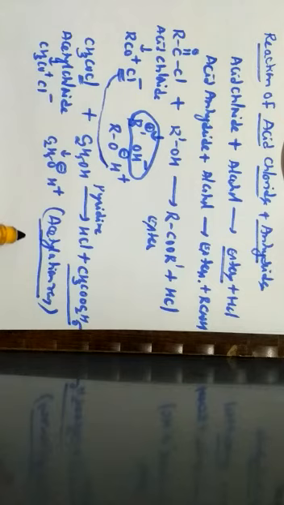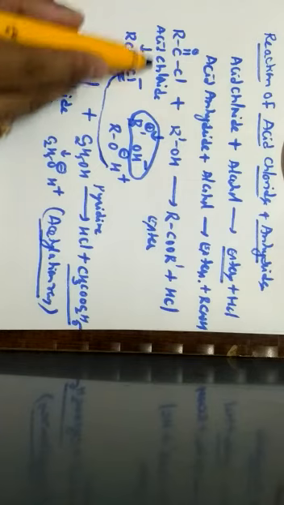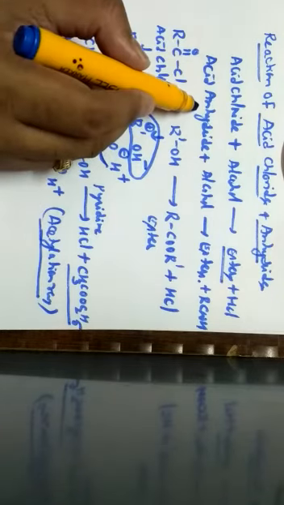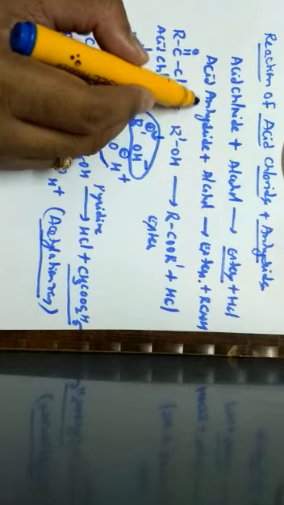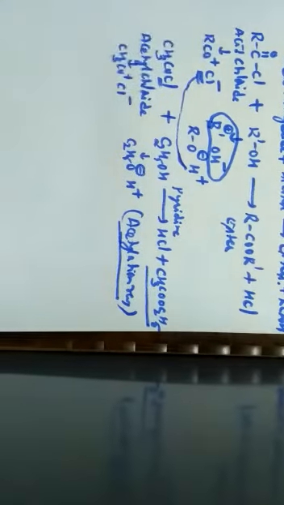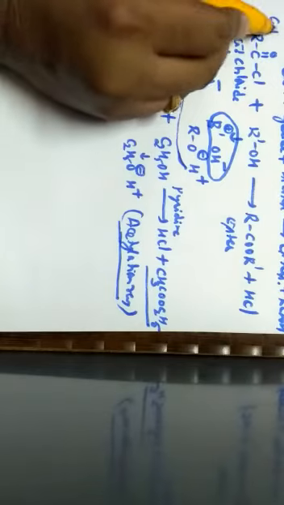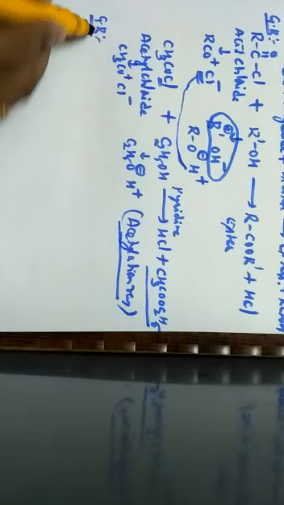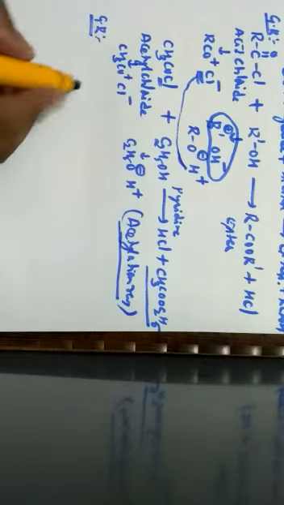In the same way, we have discussed acid chloride, and now let us discuss acid anhydride. So this is the general reaction for an acid chloride. Now let us discuss the general reaction for an acid anhydride.